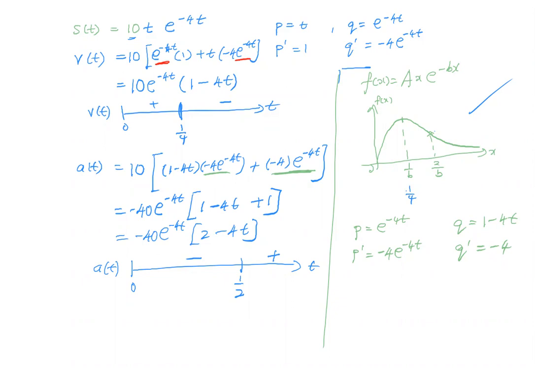What feature of the graph tells you so? Which feature of the graph of s(t) tells you so? If I ask you to sketch a graph of s(t), it's always above the x-axis, so s(t) is always positive. So the s(t) sign diagram will be like that. Always positive, never becomes negative.